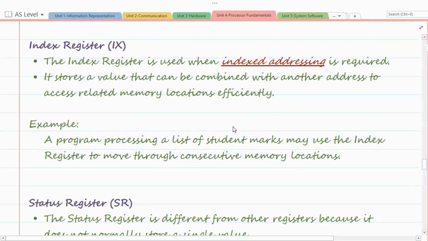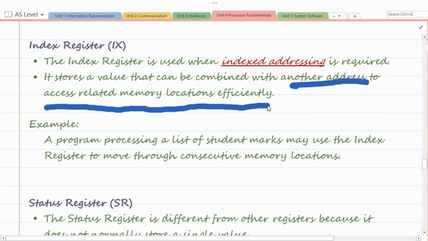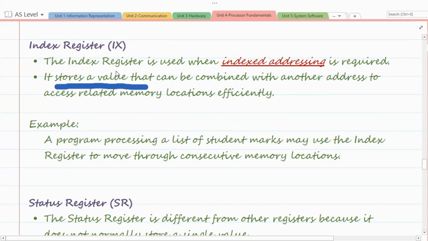So there is one value which is stored in index register. As and when you need to calculate the address for indexed addressing mode, this value is combined with another address to access the related memory location. So the final memory address is calculated by adding the value of the index register to that.